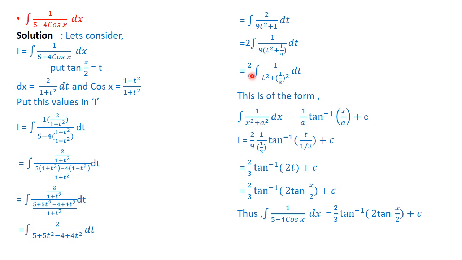Now again 9 is taken outside the integral, so 2 by 9 into integration 1 by t square plus 1 by 9 can be written as 1 by 3 bracket square. Now this is the integral of the standard form, that is 1 by x square plus a square dx is equal to 1 by a tan inverse of x by a plus c, isn't it?